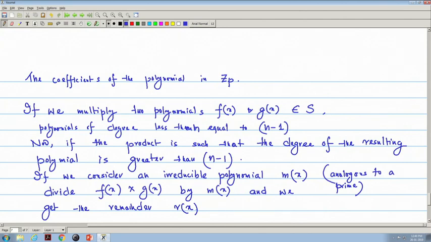Then I want these remainder polynomials to be in the set S. So, that means the degree of the polynomial R(x) must be less than or equal to n minus 1.